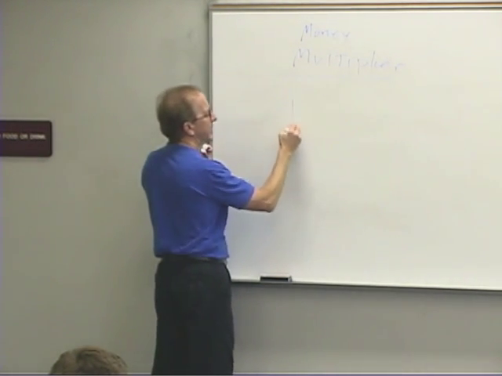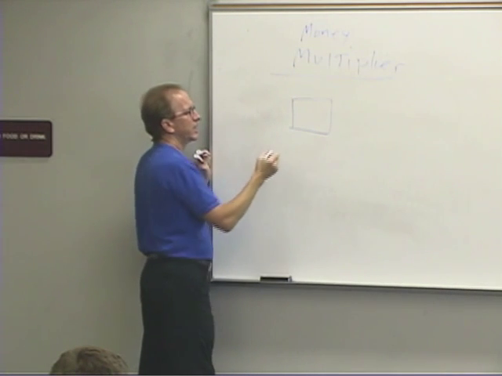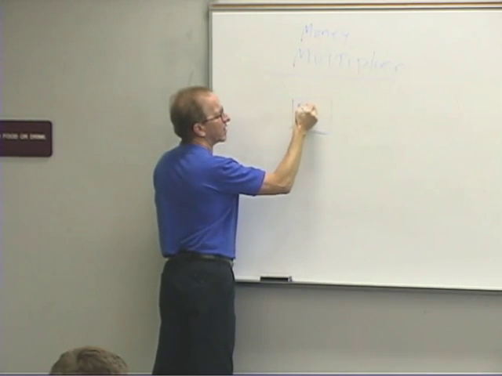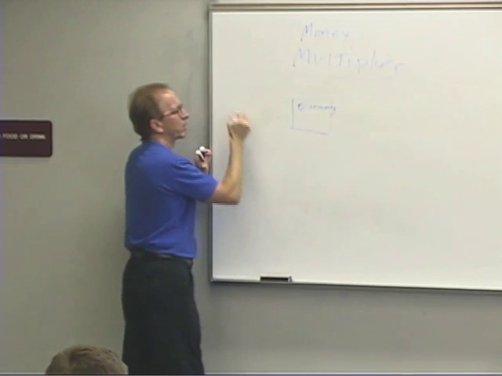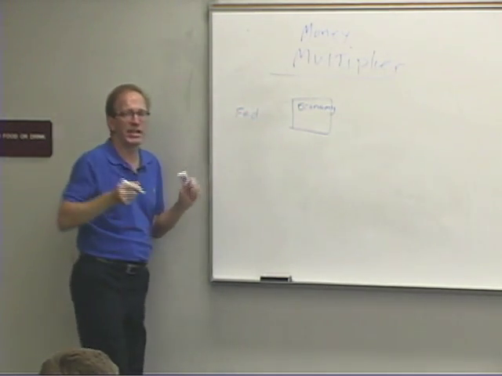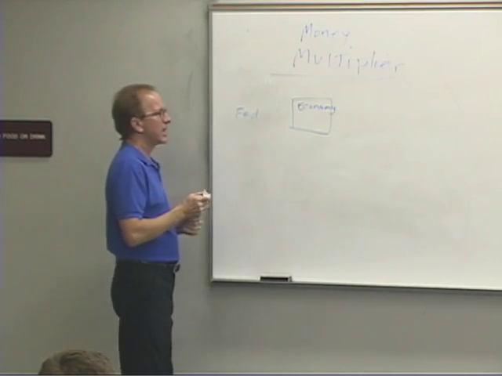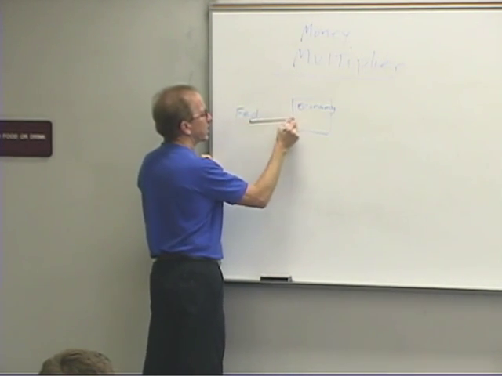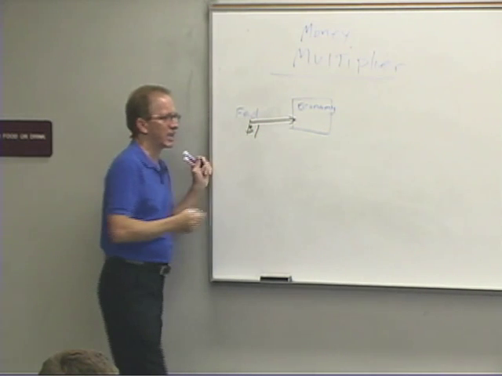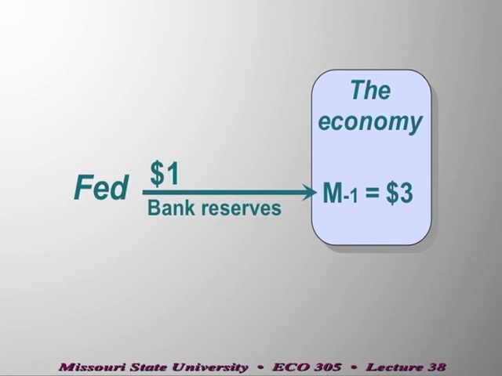The general idea is this: here's the economy, and here's the Federal Reserve, our modern-day institution that we'll use as the outside agent. The Federal Reserve injects $1, let's say, into the economy. We'll call these bank reserves.